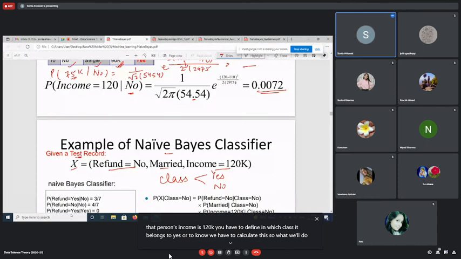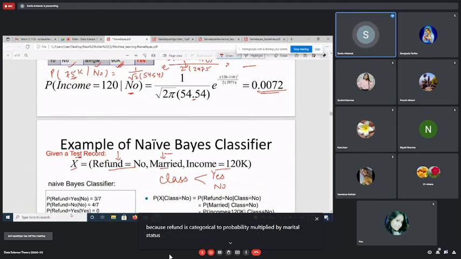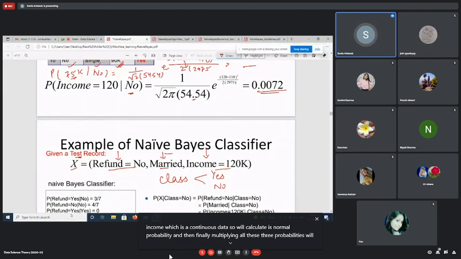So what we'll do, because refund is categorical, तो हम पहले इसकी probability अलग से निकालेंगे, multiplied by marital status, again categorical, we'll calculate its probability, multiplied by income, which is continuous data. So we'll calculate its normal probability, and then finally multiplying all these three probabilities, we'll get some positive quantity. We'll compare it, and then we'll get to know whether it belongs to class yes or class no. Clear हुआ class?